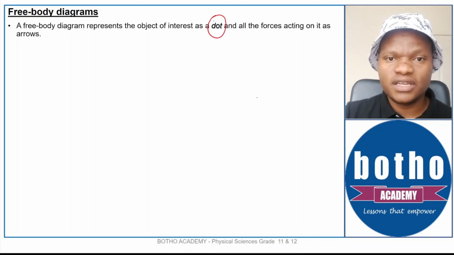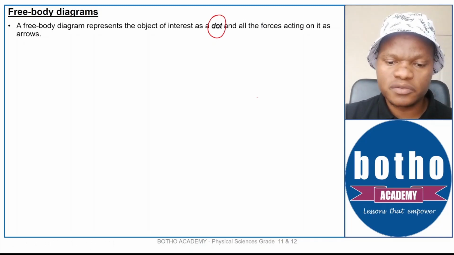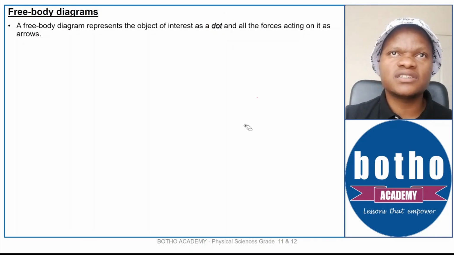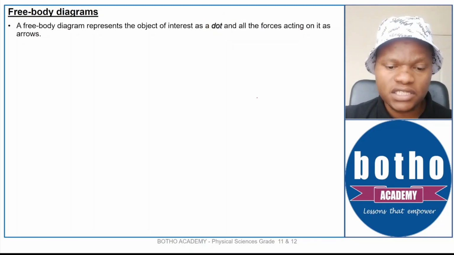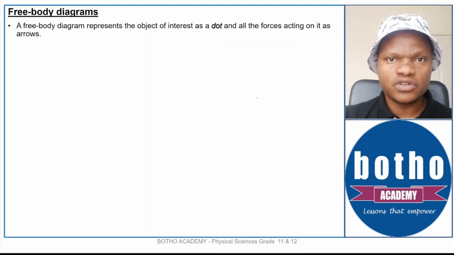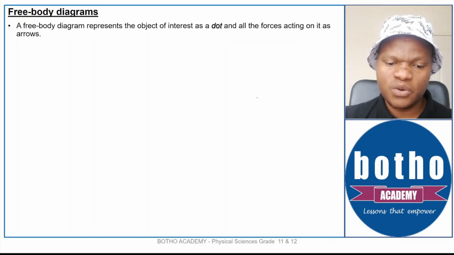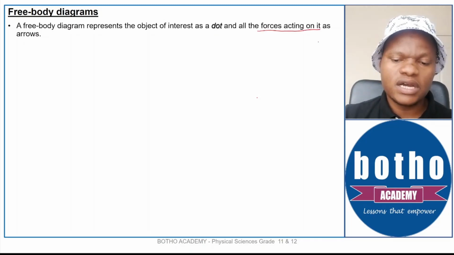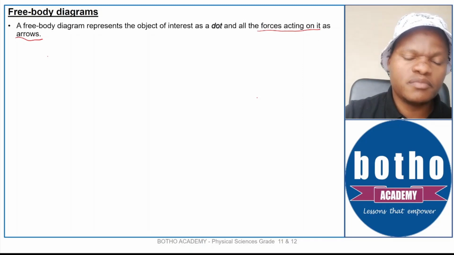So in our lesson, we're going to use a dot to represent the object. If it's a car, a person, a tree, it can be anything. Even if it's a planet, we're going to use a dot to represent whatever object we are looking at, and all the forces acting on it are going to be represented by arrows.